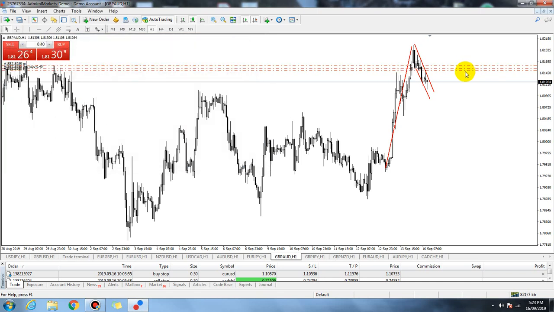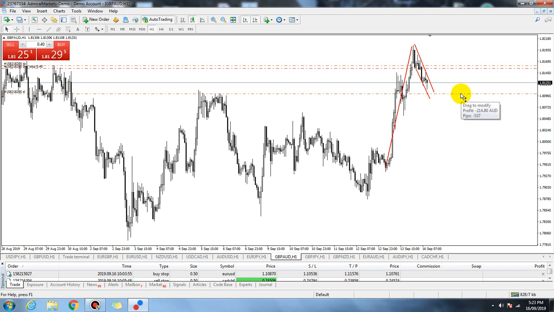Modify. Drag that back down at the moment, down to those lows there, which is 185. That's 214, so that's about 2%. And that's how many pips? 50 pips. So we're going to go for 100 pips to the upside.